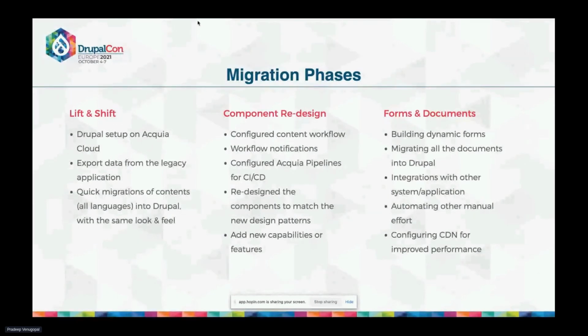We tried to bring in all those features, making sure that we have a system which is completely scalable, highly available, has a good user experience, and the customer reach is better. So by the end of the three phases, we were able to achieve all these things.